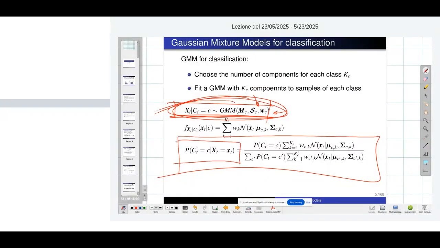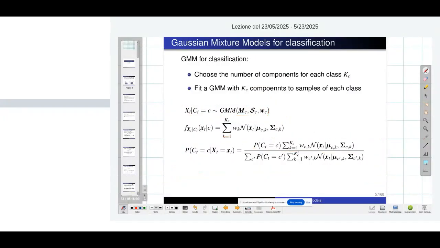Given the GMM for each class and the test point, we will compute class posterior probabilities. Class posterior probabilities are the joint for class C, the class conditional and prior for the class, divided by the sum over the classes.